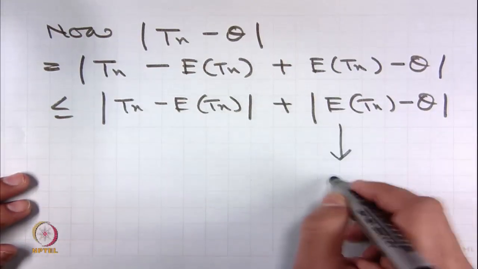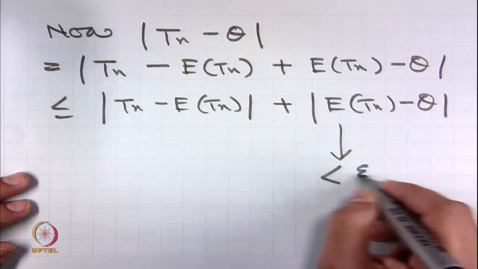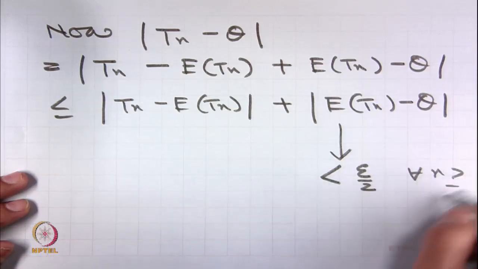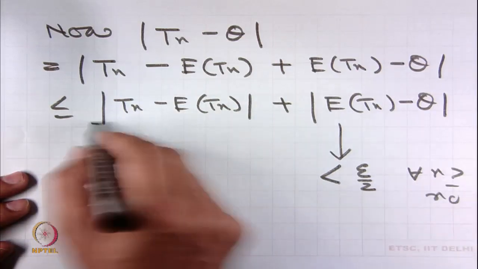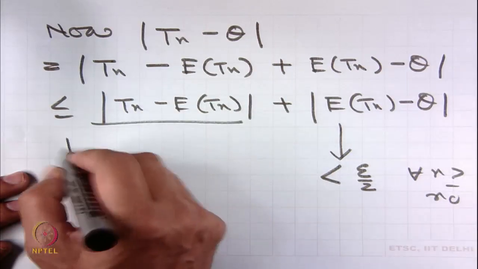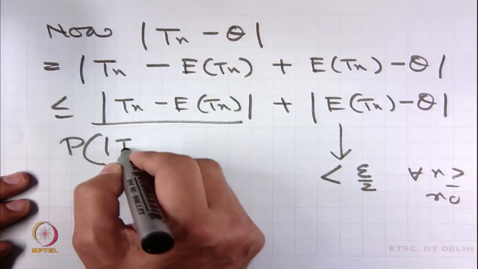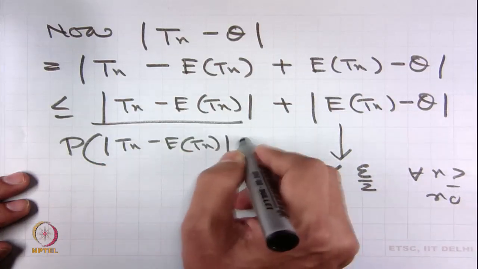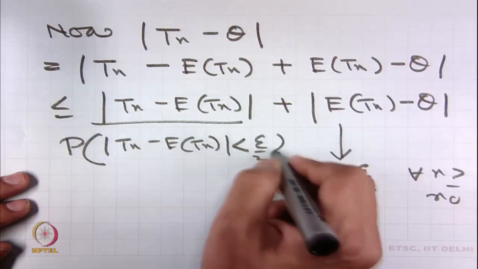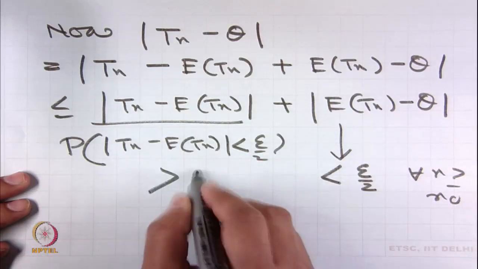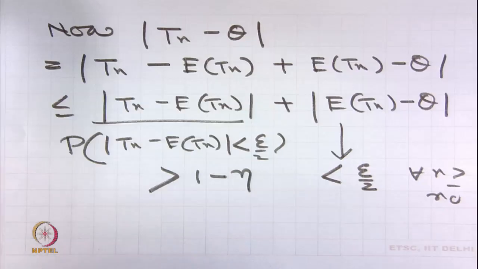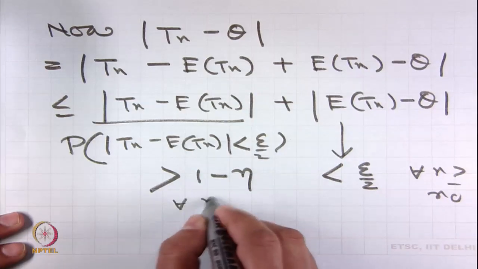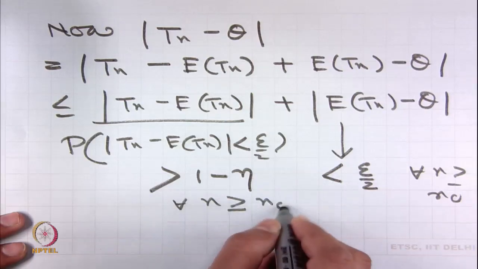This is less than epsilon by 2 for all n greater than or equal to n naught. This probability is greater than 1 minus eta for all n greater than or equal to n naught.